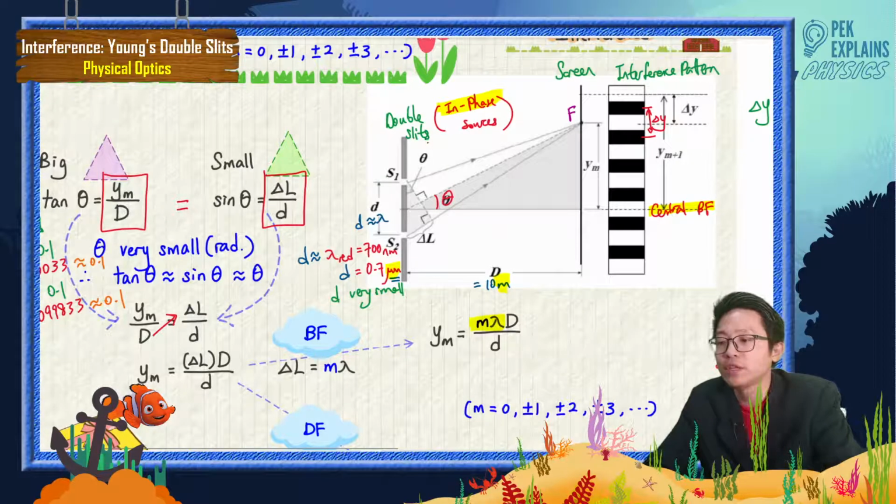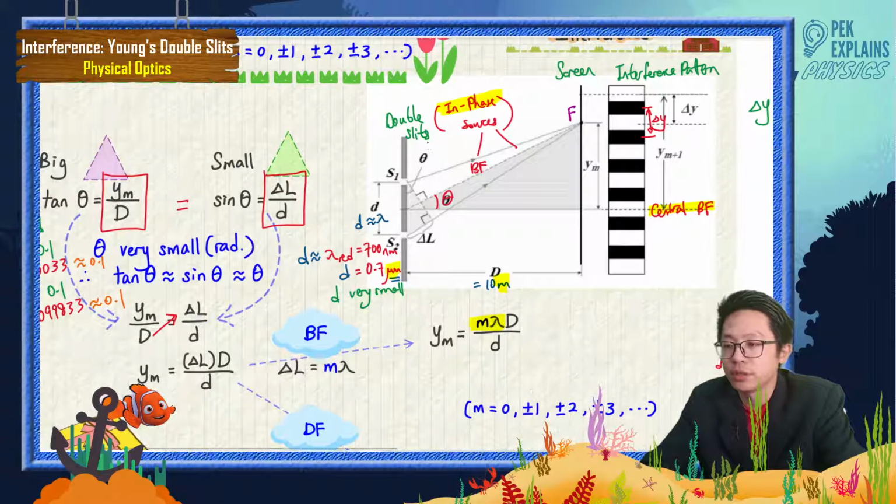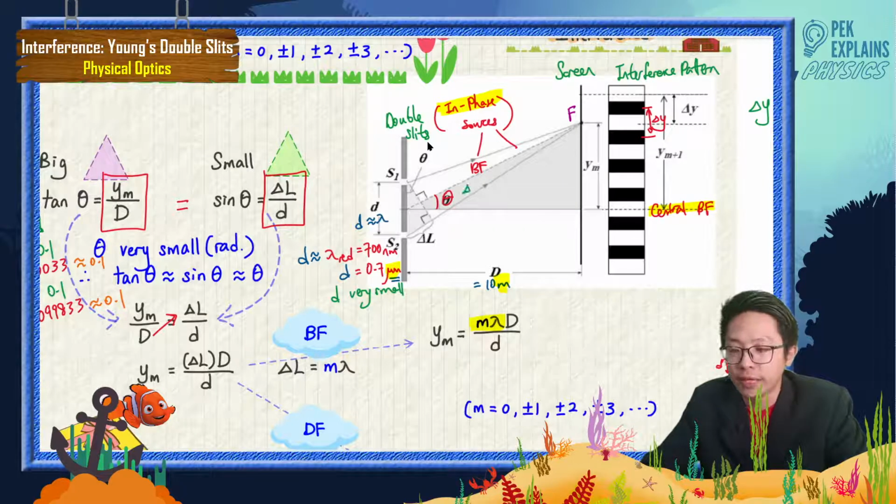So if they are both in-phase sources, that means to form a bright fringe, the delta L needs to be equal to m lambda. To form a dark fringe, the delta L is equal to m plus half lambda, isn't it?